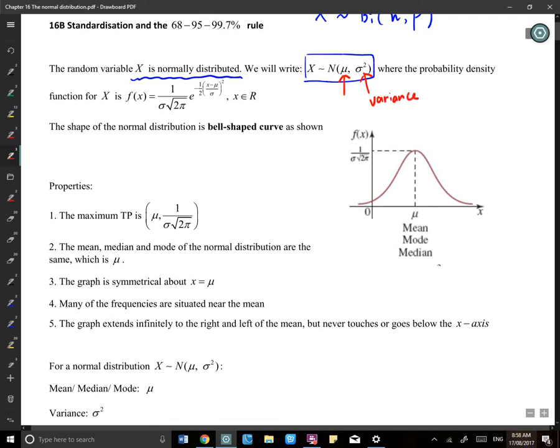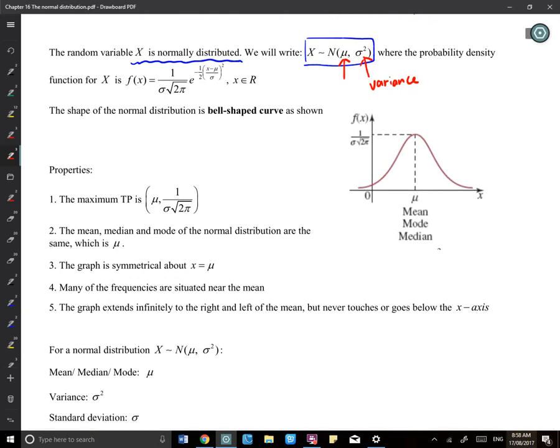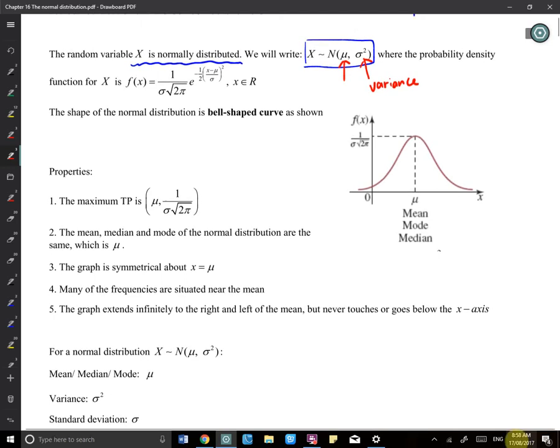You better write it as standard deviation squared, because you can see both the standard deviation and the variance. So the two things that decide the distribution are mu and the standard deviation, or say the variance, which is quite interesting because it is directly given in the question. They will tell you what the mu is and what the standard deviation is, and you know this is normally distributed by those two parameters. You can see a question later.